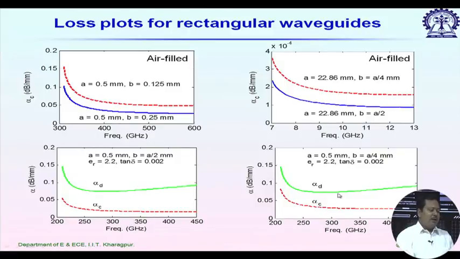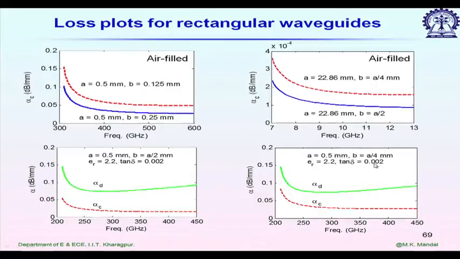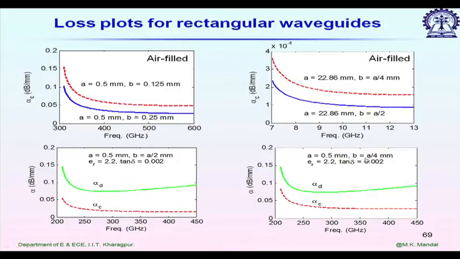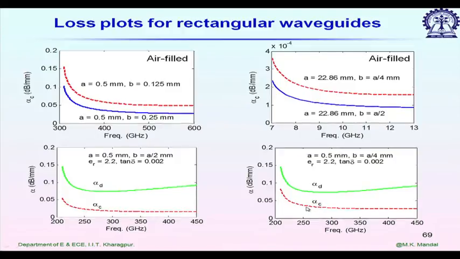And the right side is showing the same waveguide but with reduced thickness. Now B is equal to A by 4. So alpha d and alpha c again have similar variation. The only thing is that now alpha c is higher compared to the previous case.